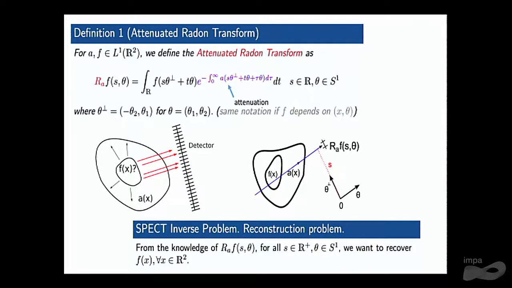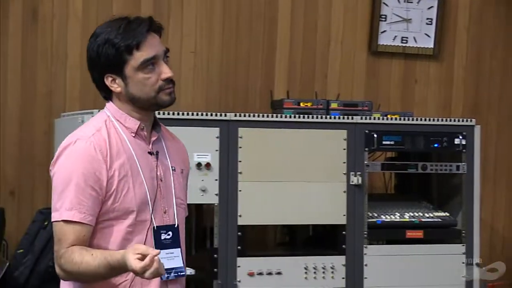So in practice, physicians assume that the attenuation is known. You have two choices. One choice is to say, okay, the attenuation is just the attenuation of water, or is constant, some attenuation constant. Or you can have information on the attenuation from another medical technique.